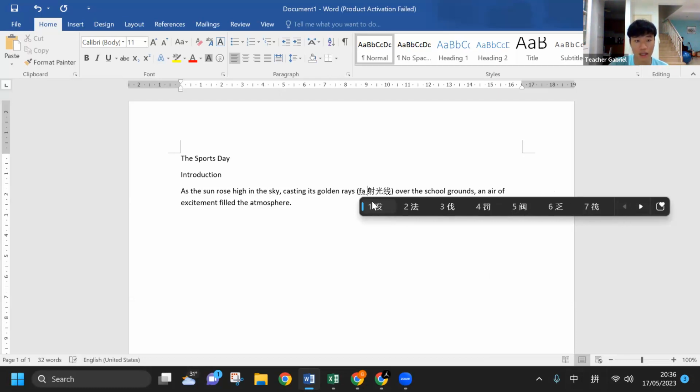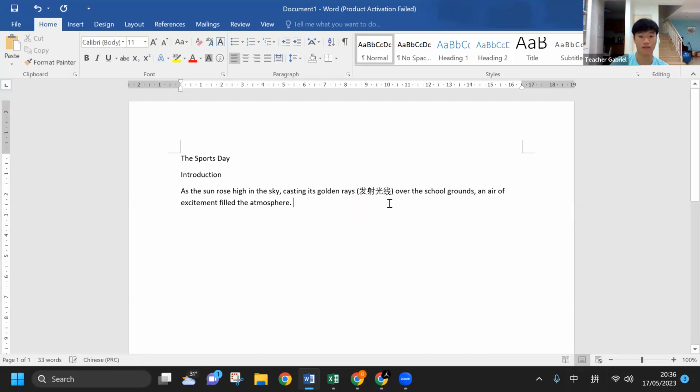Maybe it's this one, I hope so. It's like shooting out its golden rays, 金黄色的光线, 金色的. Because the sun shines, sometimes in the morning it shines very golden rays. Rays 就是它的光线, so it's like casting a blanket. So it's golden rays over the school grounds.